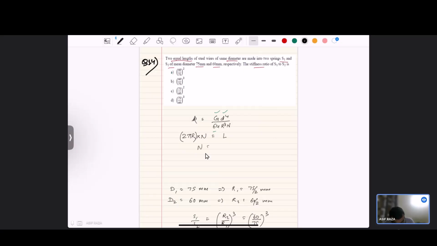So my length of the spring can be written like this.